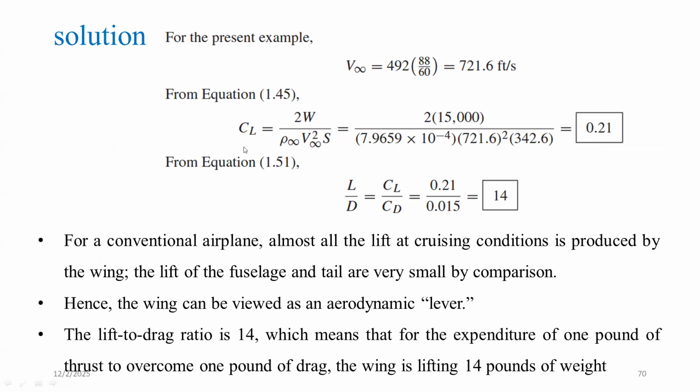And the CL, actually now we are not talking about the stall velocity, but the normal CL is 2W over rho V squared S. W is the weight, the density is already given, and the velocity is already computed here. S is the planform area, given.